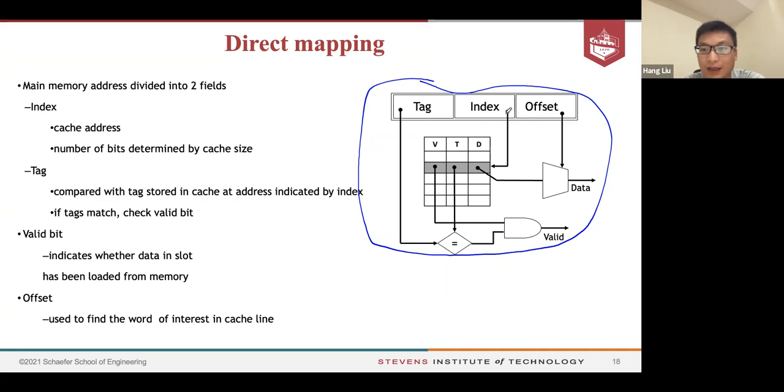So we're going to use the index to figure out the set, assume this is the set. And then we have to compare the tag, right? T is the tag. We're going to compare the tag and see if this really caches the block of interest. If it is, then we also want to see whether this is valid. It's like the block is cached and valid. If it is, then we access the data, and then use the offset in that specific 64 bytes. We know it's that specific offset, okay?